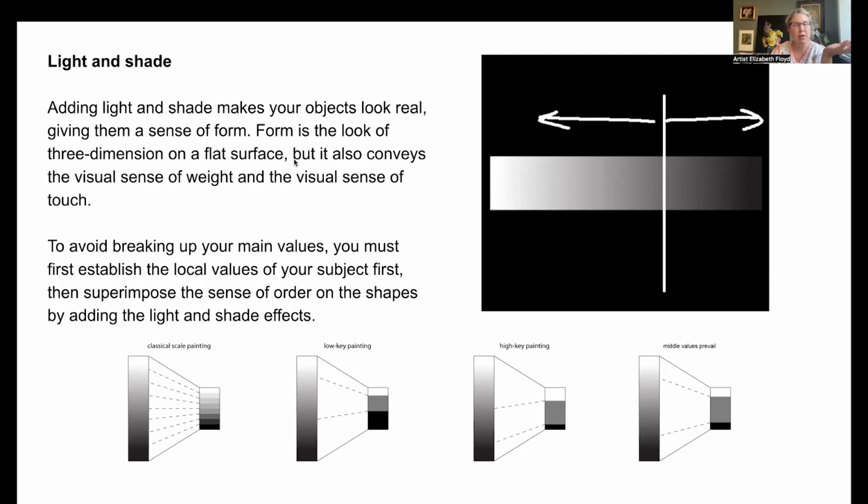That means that, say you have a lemon. A lemon is light in value, but you have right next to it an apple. Well, that lemon object will always have probably lighter values than your red apple, just because of how light the local color of yellow is in comparison. For example, I've got a couple of Post-its right here.